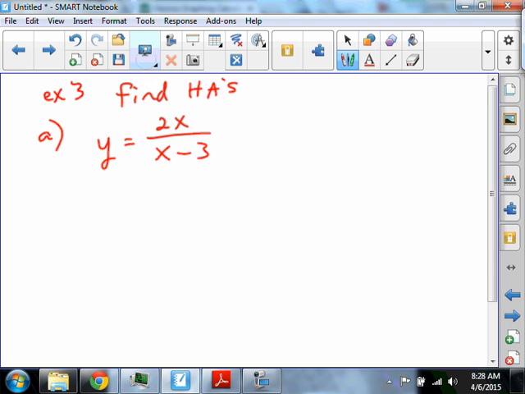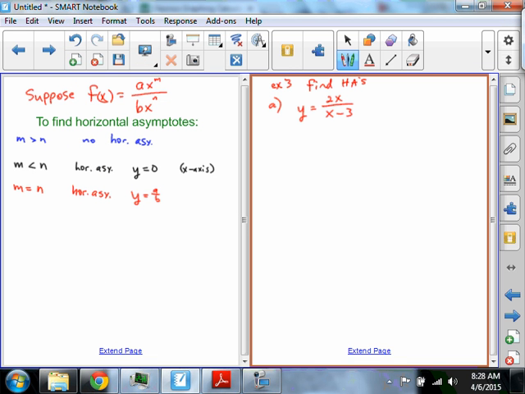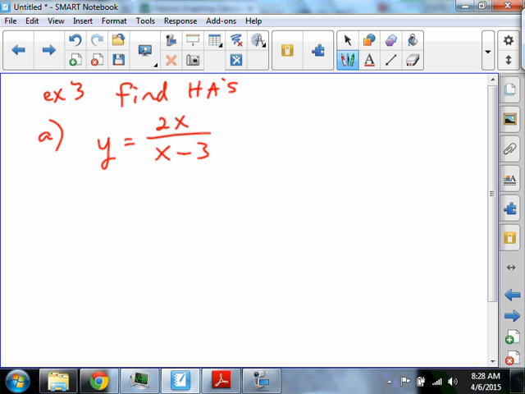So let's look back for a second. If the degrees are the same, how do we go about finding the horizontal asymptote? A over b, the quotient of the leading coefficients. So the horizontal asymptote is y equals a over b. What's my a in this case? 2. And what's my b in this case?